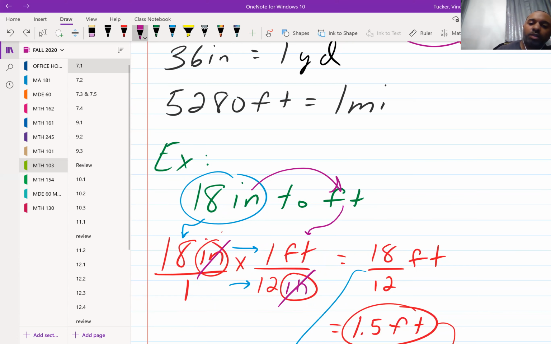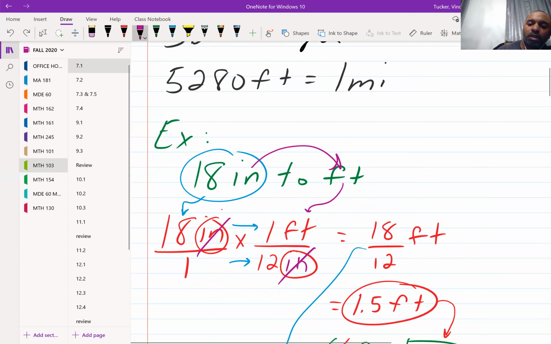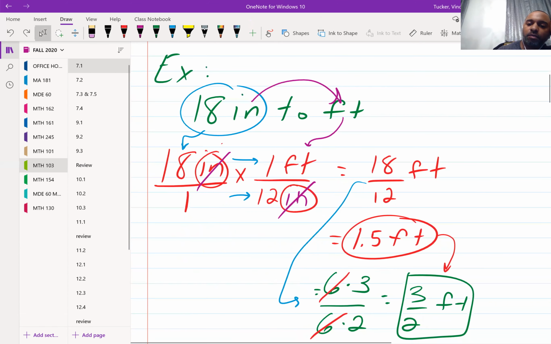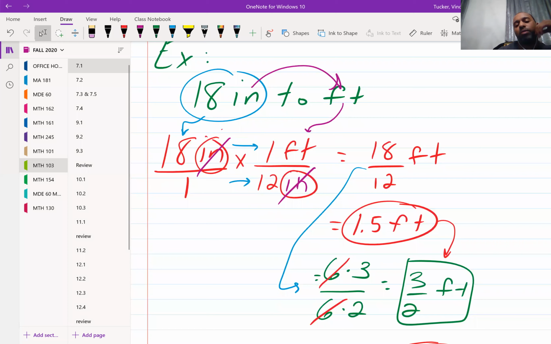So they cancel, and like I said, it leaves me in feet. So that's 18 over 12. That's 1.5 feet. And it depends on how they want the answer. You could have left it in fractional form and reduced it. 3 over 2 is the same thing as 1.5. I think that day somebody had asked about that. Questions on what we did there before we do another one?